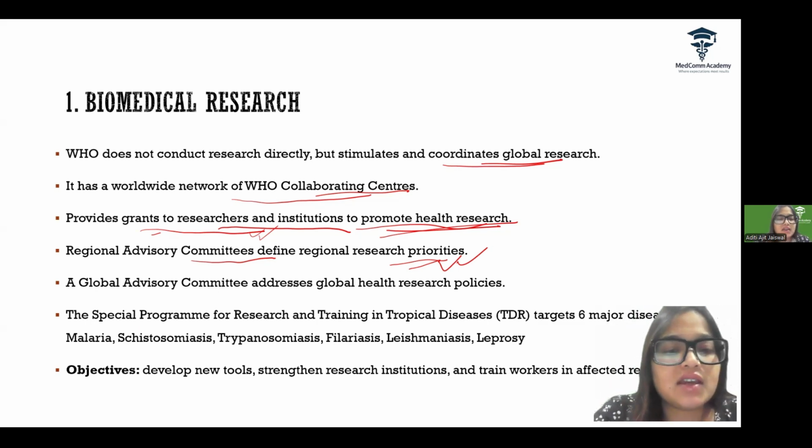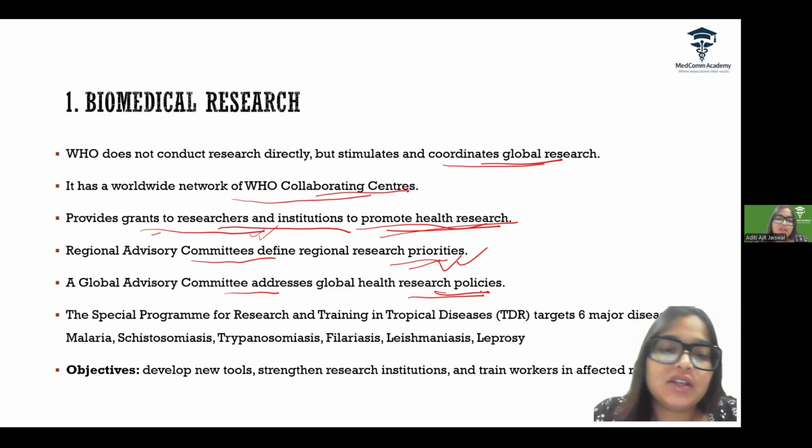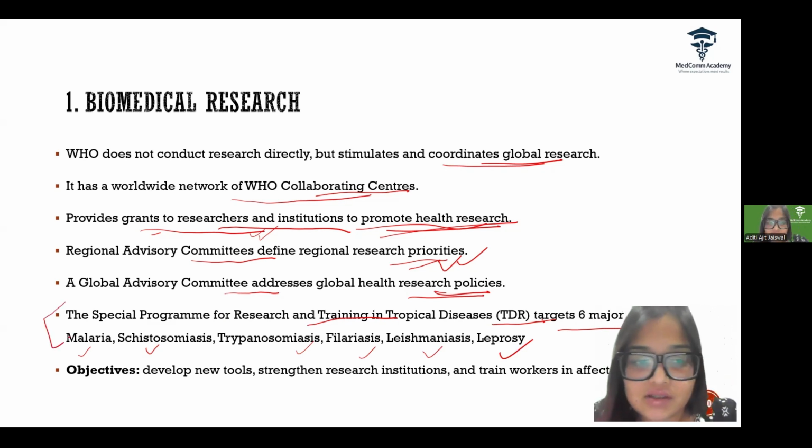A global advisory committee addresses global health research policies. So there's an advisory committee which oversees all these things, and the Special Programme for Research and Training in Tropical Diseases targets 6 major diseases: malaria, schistosomiasis, trypanosomiasis, filariasis, leishmaniasis, and leprosy. So this is a special program catering to these 6 diseases.